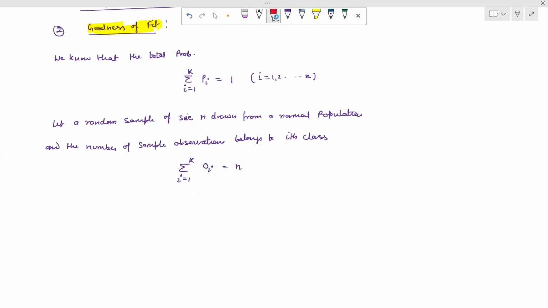Now we write down the expected observations or expected frequencies. So Ei be the expected frequency in ith class, computed under null hypothesis.